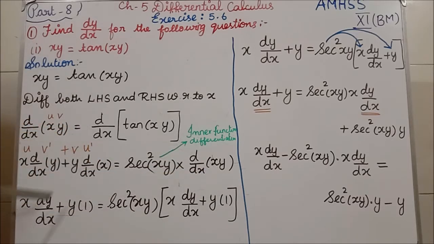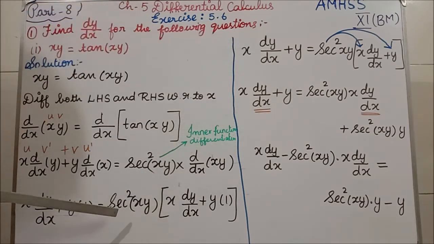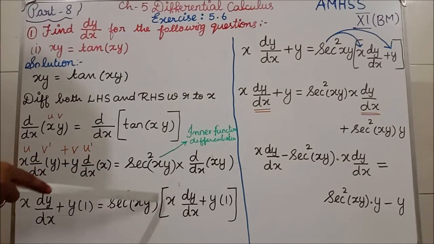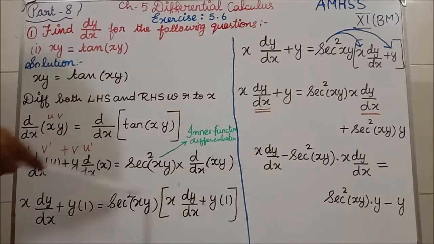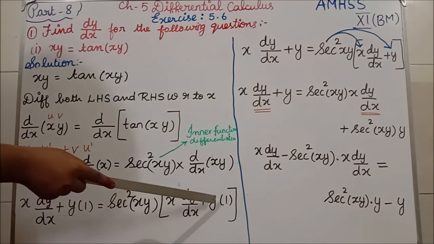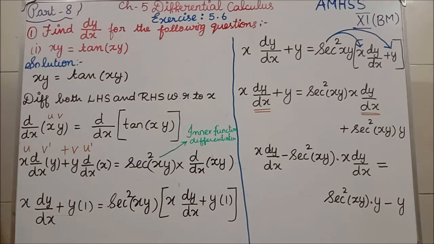This side I am writing as such. See there, x dy by dx plus y into 1 is y, that equals secant square xy into this I am taking and multiplying, that only I have written in the arrow mark, x dy by dx plus y into 1 is y. Clear?